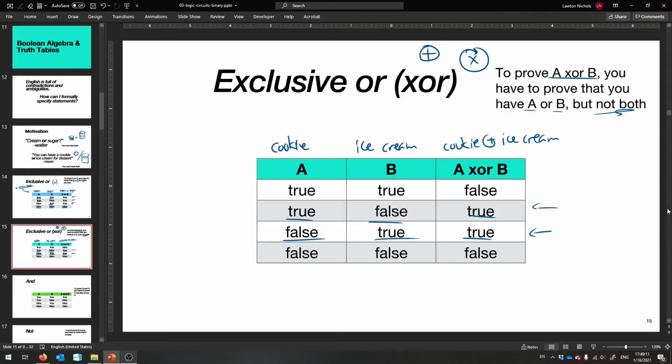All right? So in order to prove that A XOR B is true, you just have to prove that it's true when they're opposites of one another. You can only have one, but not the other, and not both. In these two cases on the outside, this is the one case that makes it different from inclusive OR. It's saying that, okay, if you had both, no, that was actually a false statement. That's not what XOR means.